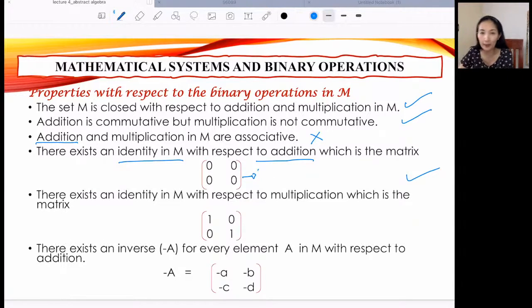There exists also an identity element in M with respect to multiplication, and that is this matrix. Now we proceed to the inverse. So we're done with the identity. How about inverse?